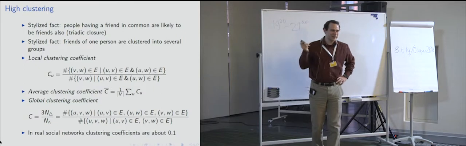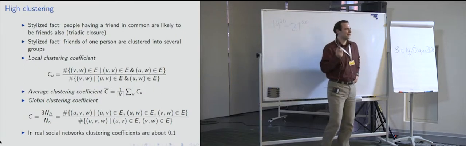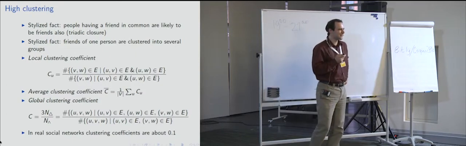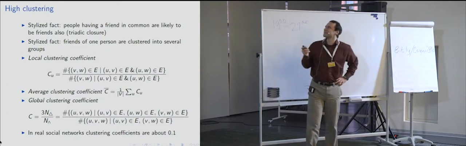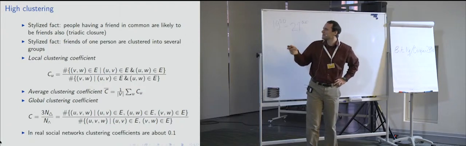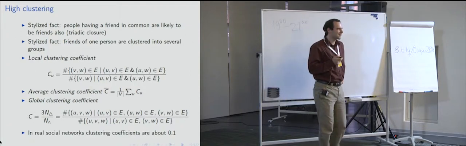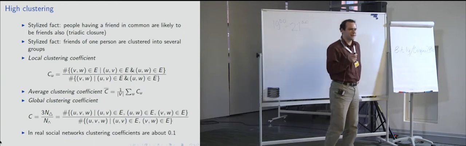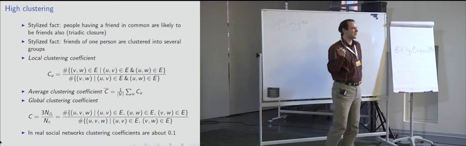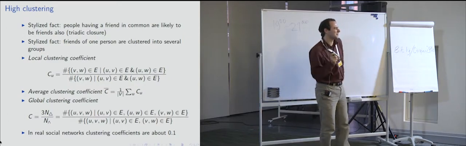Somehow this is the ratio between the actual number of triangles and the potential number of triangles. Let me skip the formula. In real networks like Facebook, the clustering coefficient is very high. It's like 10% or something like this.